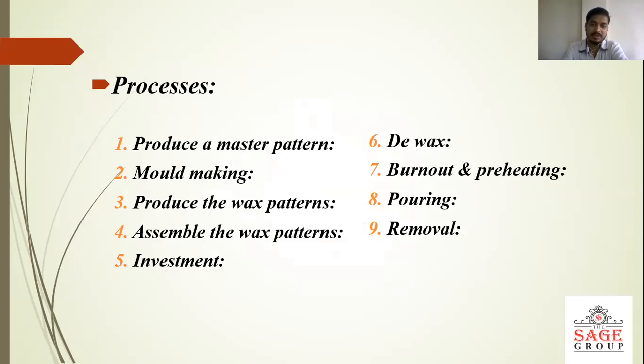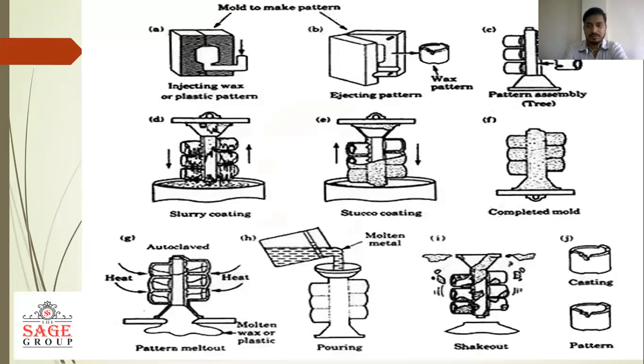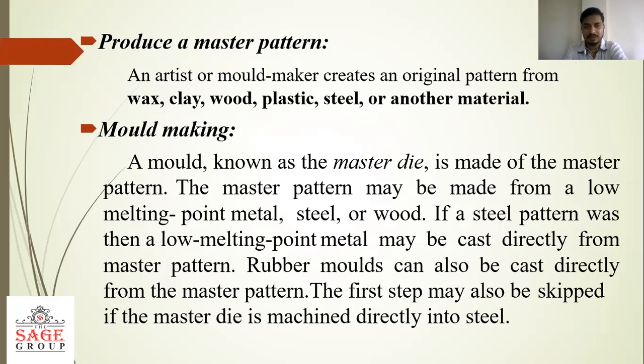First, produce a master pattern, mold making, produce the wax pattern, assemble the wax pattern, investment, dewaxing, burnout and preheating, pouring and removal. So this is the complete process used in investment casting.